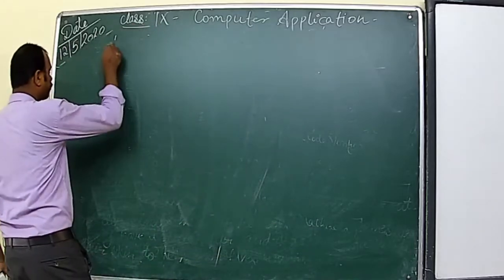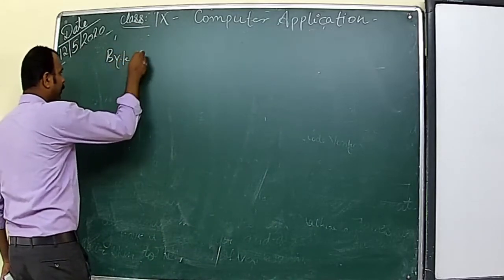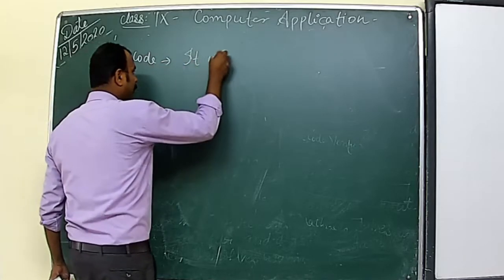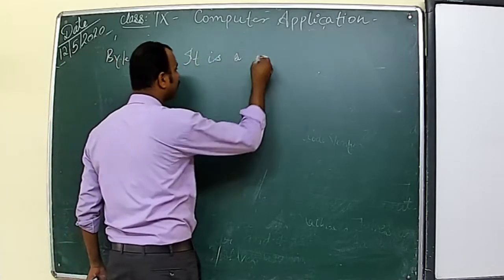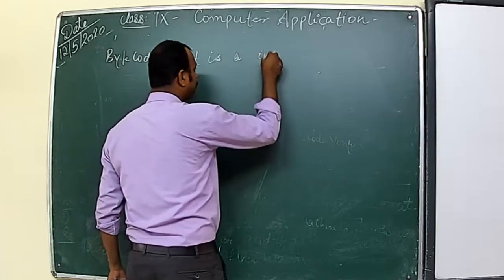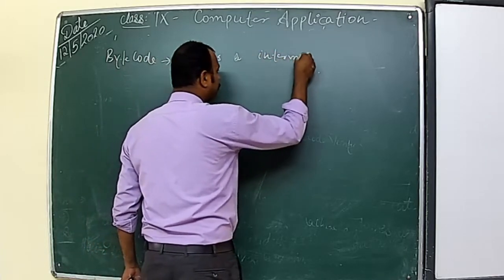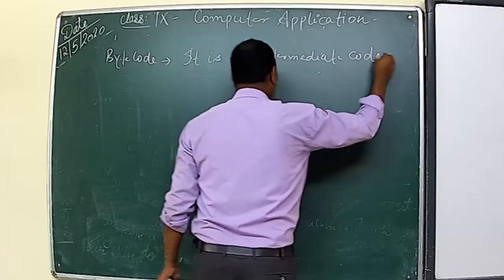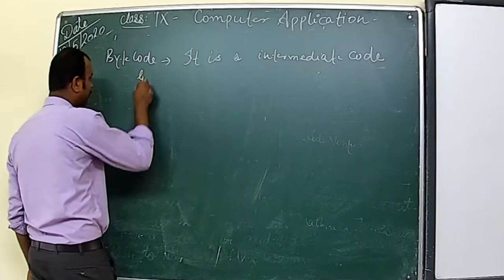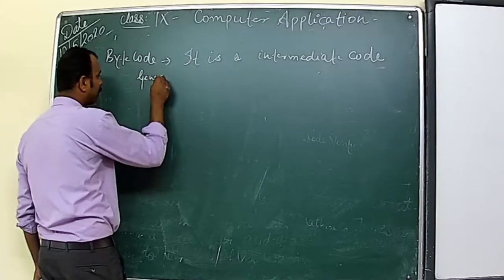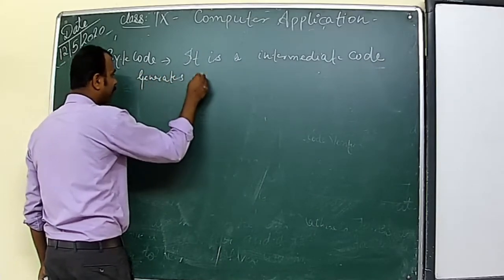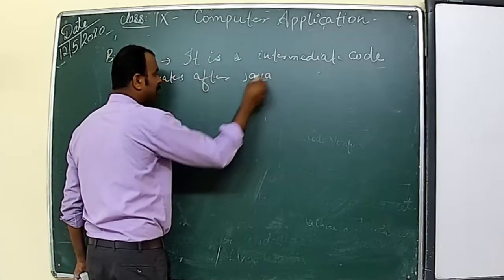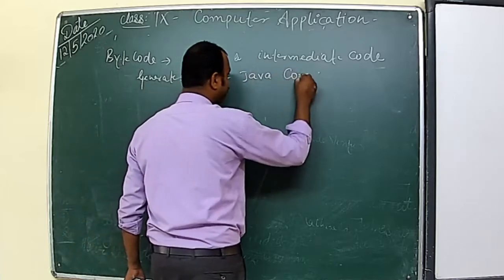Write about bytecode. It is the intermediate code generated after Java compilation.